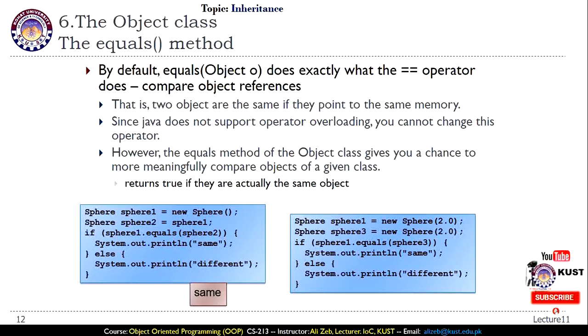Since we initialized sphere2 to sphere1, they are exactly the same, but here they are completely different objects because they are pointing to different locations in memory. So they are not the same objects, they are different objects.